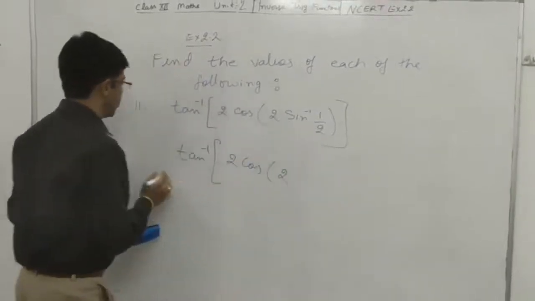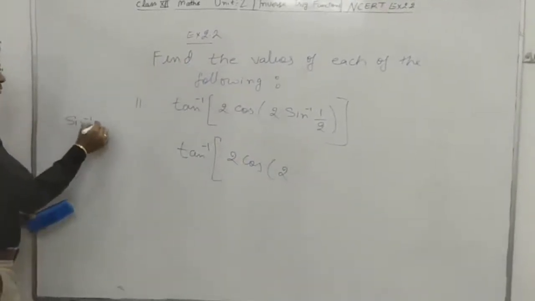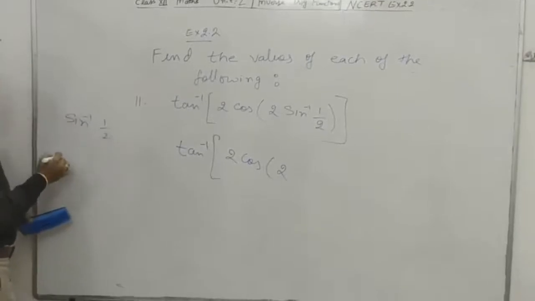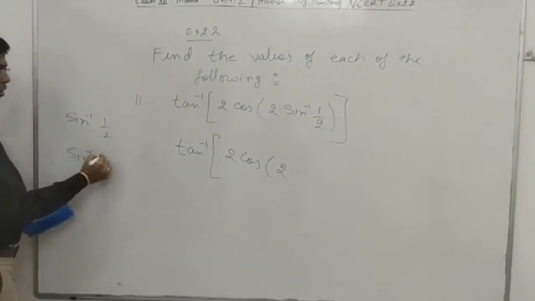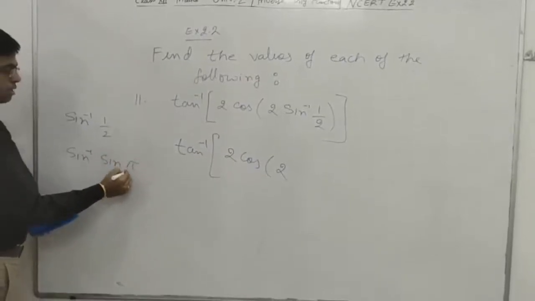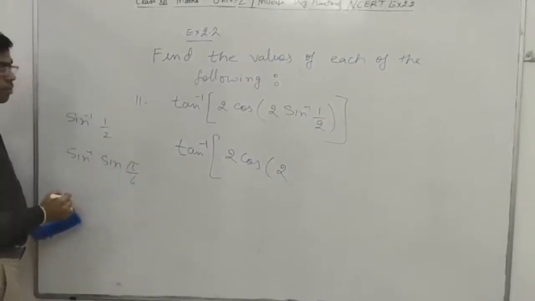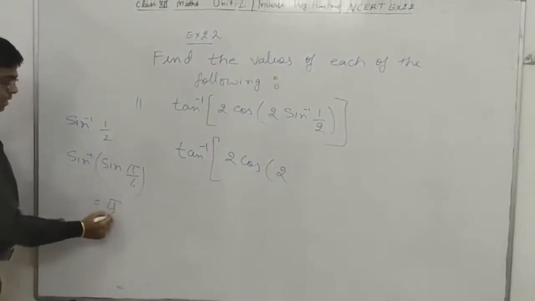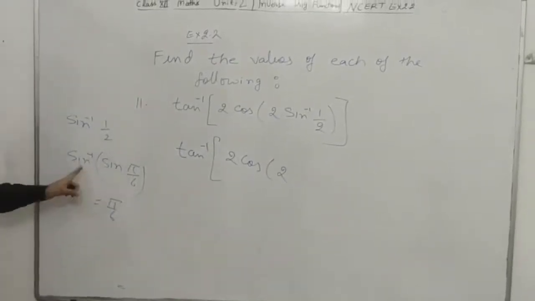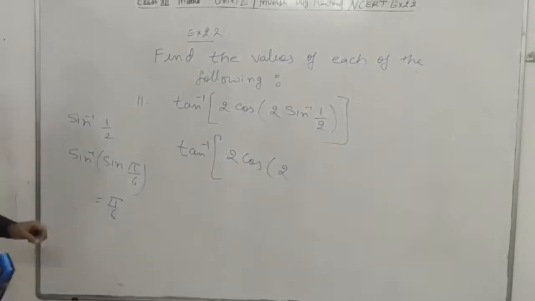So what is the value of sine inverse 1 by 2? Sine inverse 1 by 2 comes at angle 30 degrees, which is pi upon 6. So this is equal to pi by 6, and this is coming in the principal range of this sine inverse trigonometric function.